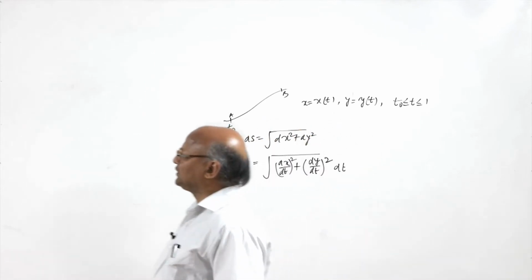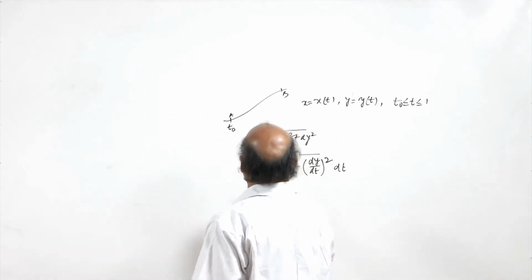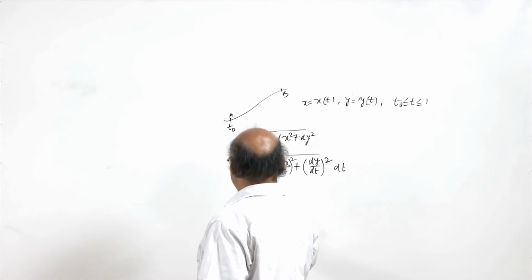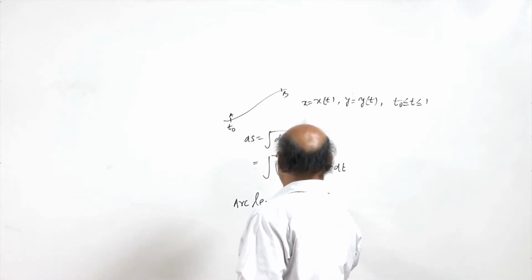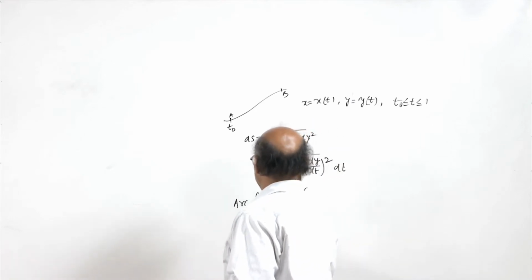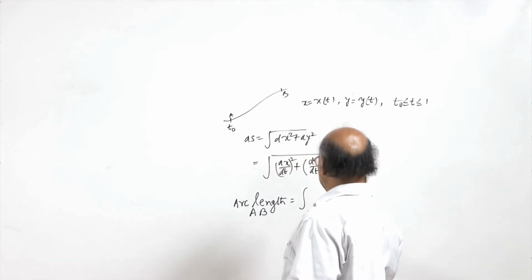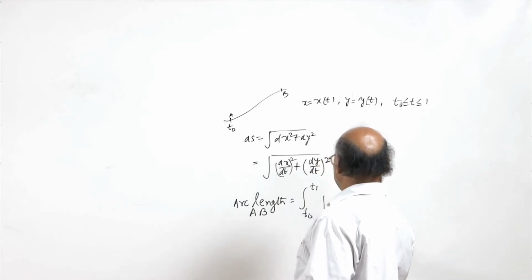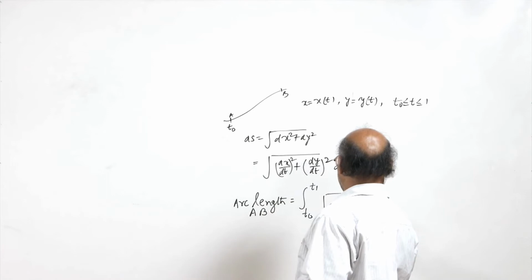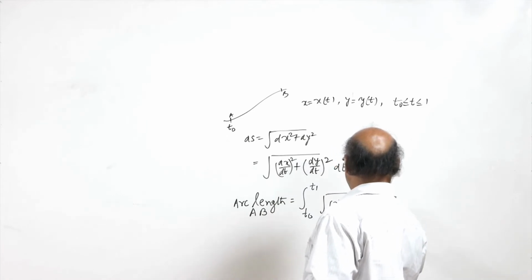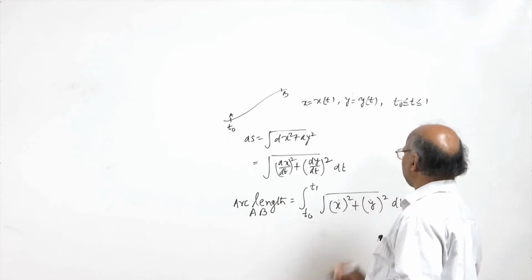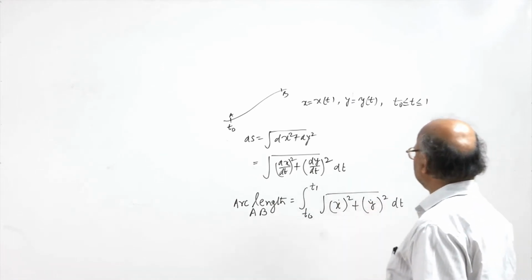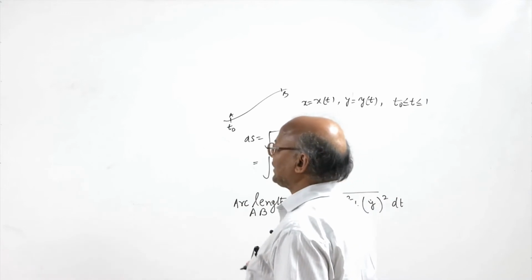So the length of the curve from t naught to t1, the arc length AB, is equal to the integral from t naught to t1 of ds, that is the square root of x dot square plus y dot square times dt, where x dot and y dot are the derivatives of x and y with respect to t.